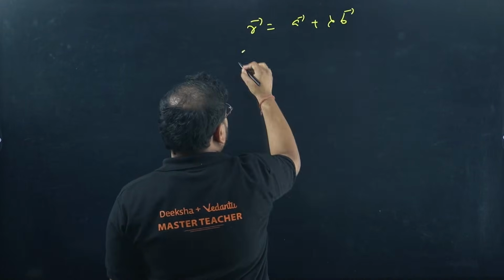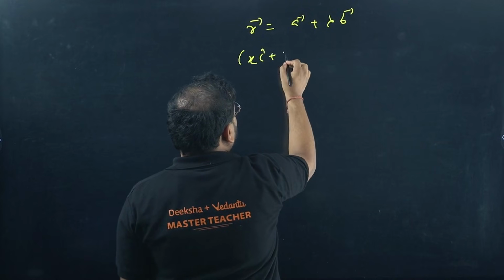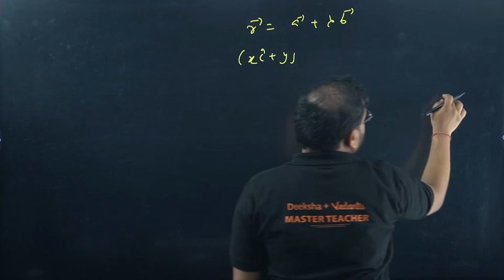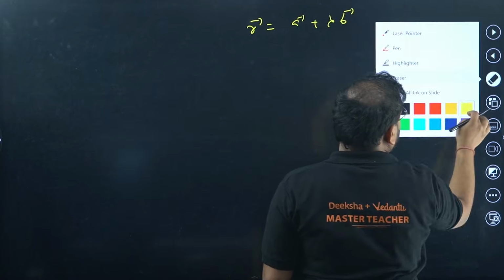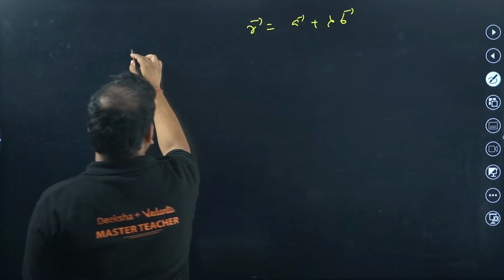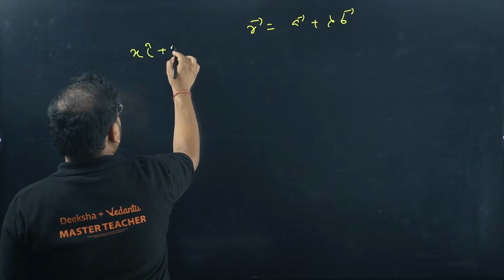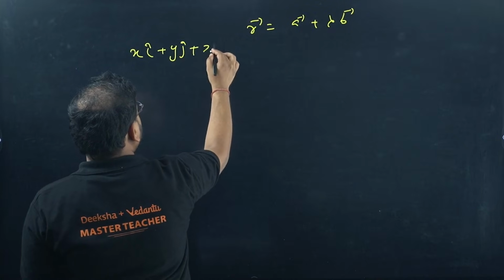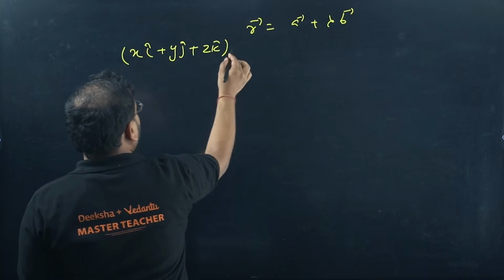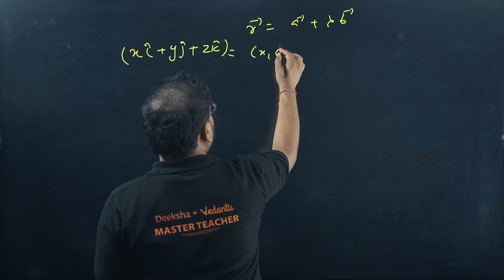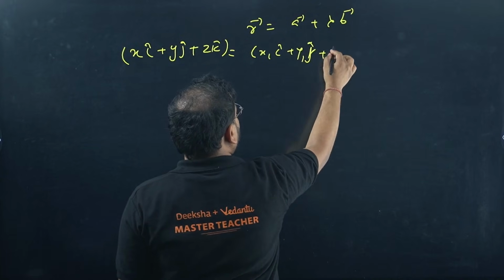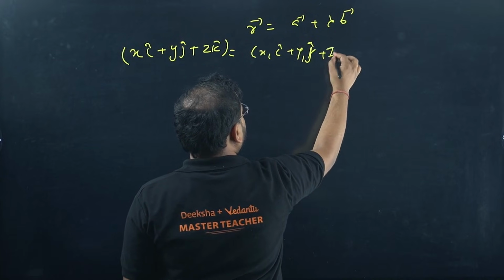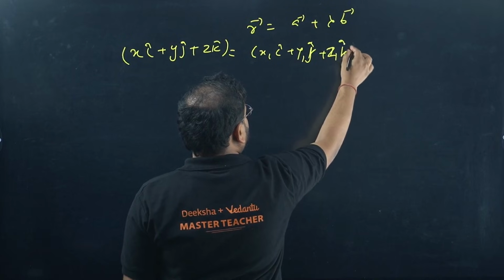We have the vector R now, x i cap, y j cap and z k cap. Vector A is x1 i cap, y1 j cap and z1 k cap.